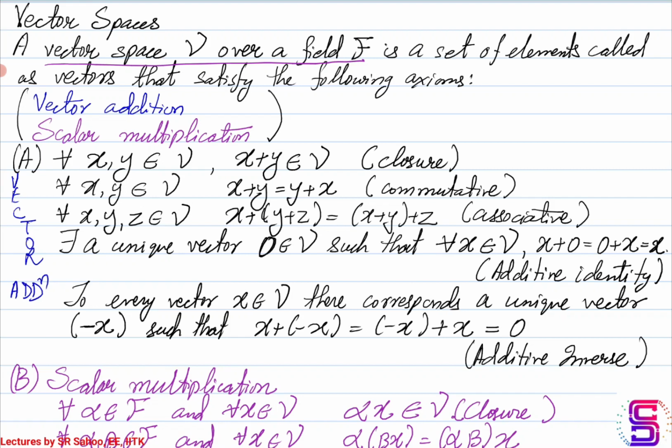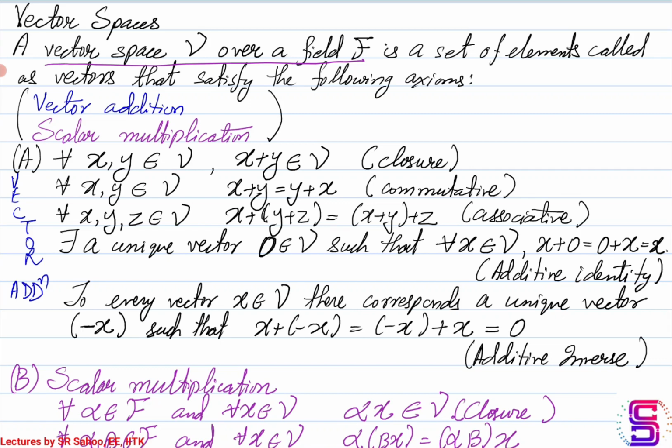Next, there is a unique vector known as the zero vector in the set V, such that if you take any vector x from V and add it to the zero vector, you get back the vector x.